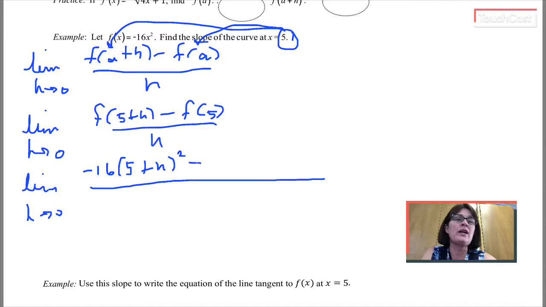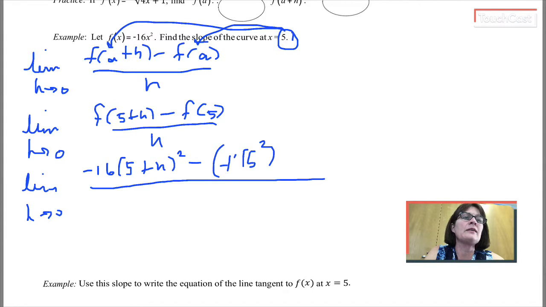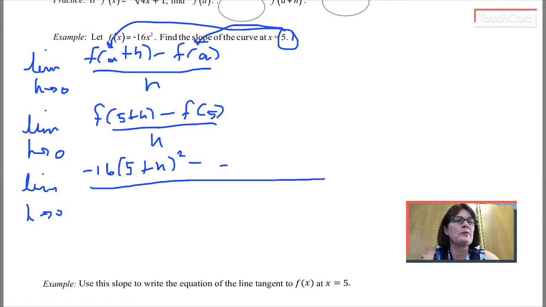And then I'm going to subtract what I get when I use 5 in the f rule in the place of x. So it's going to be minus 5 squared, which is going to then get multiplied by negative 16. This is all over h.